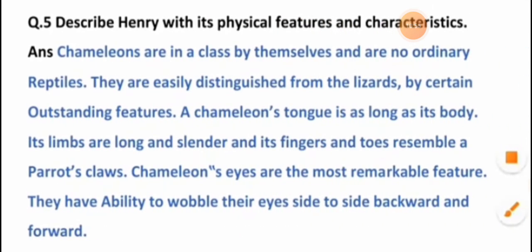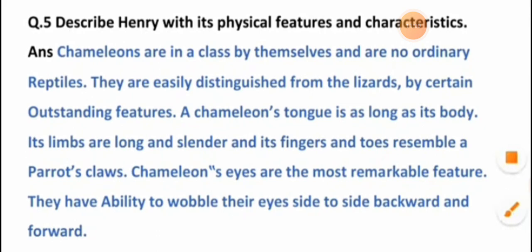And describe Henry with its physical features and characteristics. Chameleons are in a class by themselves and are no ordinary reptiles. They are easily distinguished from lizards by certain outstanding features. A chameleon's tongue is as long as its body. That is the most important feature of the chameleon.